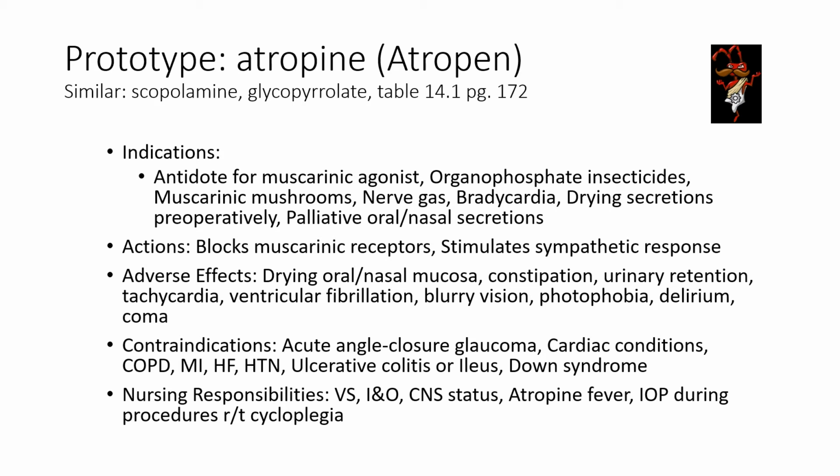Drying up secretions for pre-op patients. We do this all the time. They may have an injection of atropine or glycopyrrolate because they're having oral surgery where there's a lot of secretions in the mouth, and the surgeon may need a very dry field for surgery.